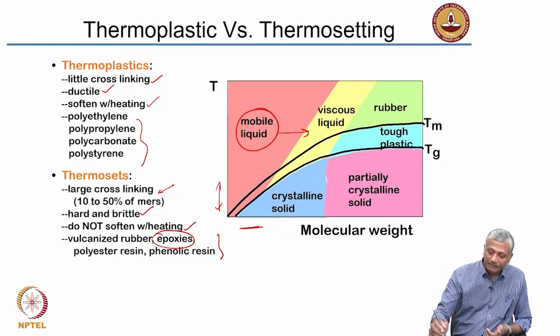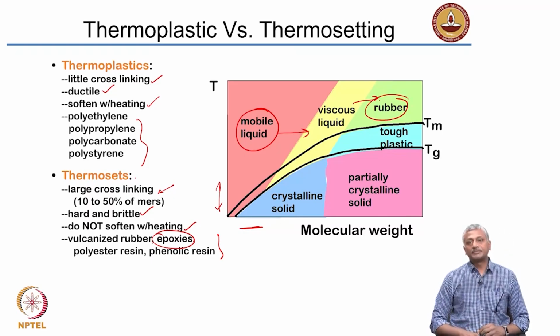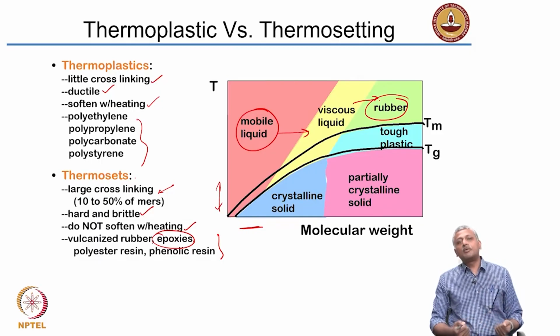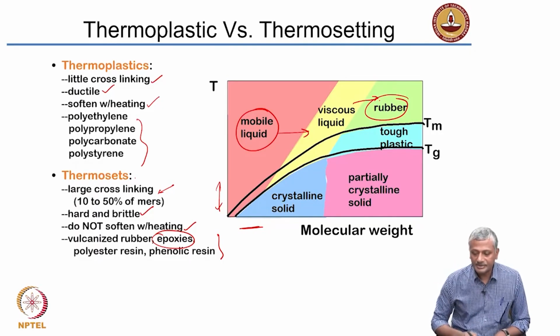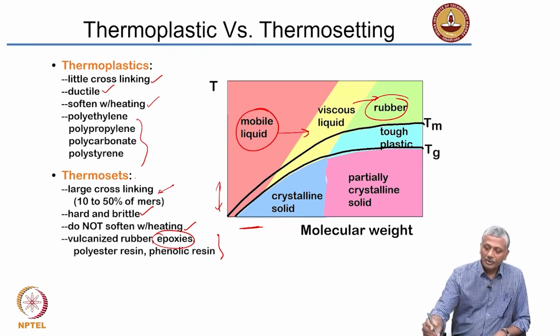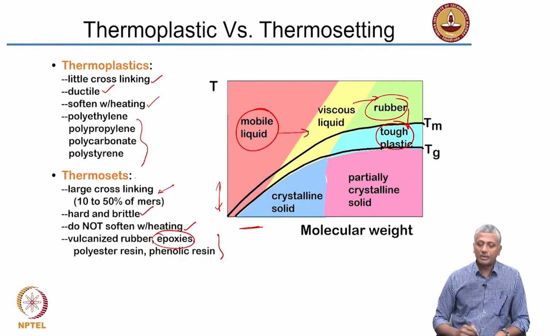At high molecular weights and at high temperatures, you will experience a rubber like behavior. High molecular weight automatically means that you have a material that is almost a solid, but then because the temperature is high, it will experience very high levels of deformability, and that is why we call it rubber like behavior.